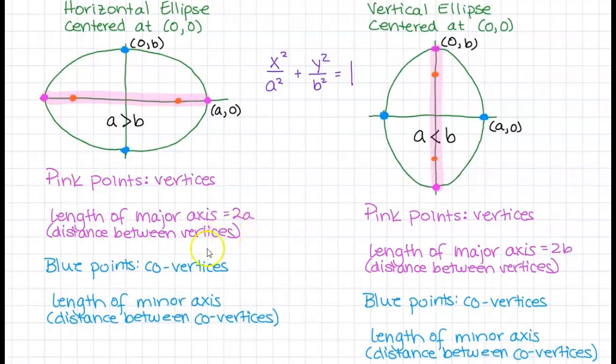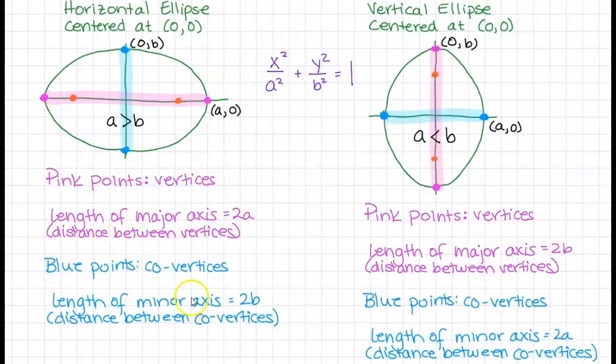And then the blue points, those are called the co-vertices. And so that's our minor axis. And the length of the minor axis for a horizontal ellipse is going to be 2b. But for a vertical ellipse, it's going to be 2a.